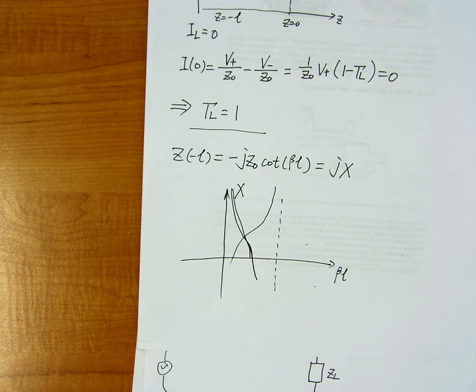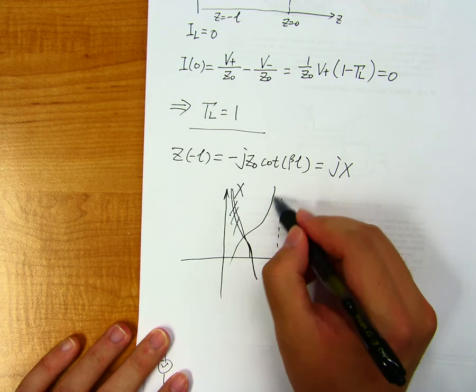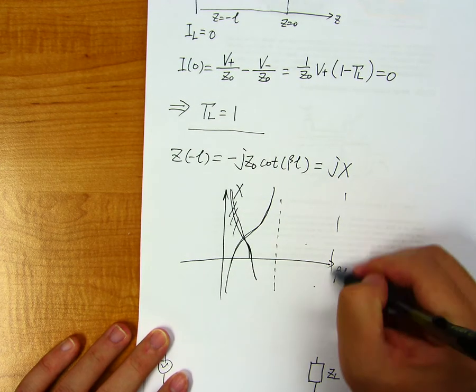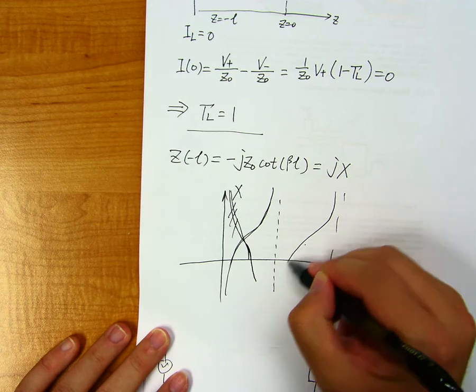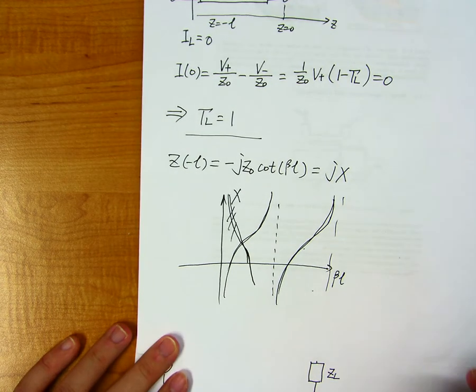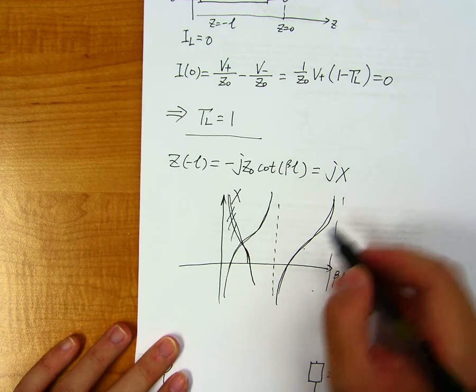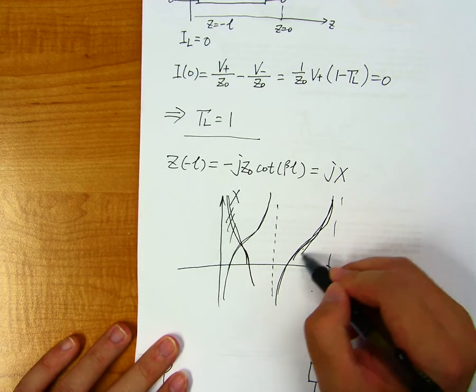Let me double check. Yeah, it looks like this. Right? Okay, so this is cotangent. I did a very bad drawing.